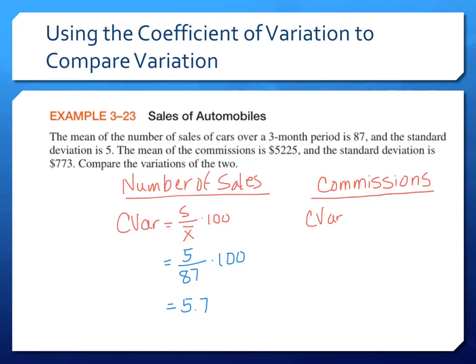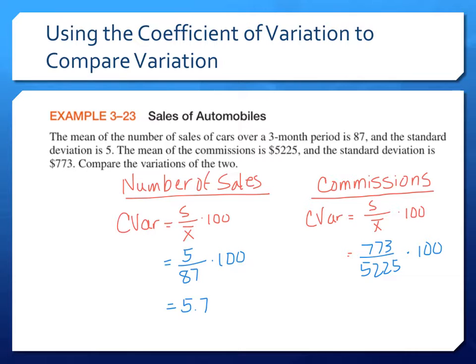CVAR equals s over x bar times 100. So in this case, we have a standard deviation of 773 divided by the mean of 5225 times 100.